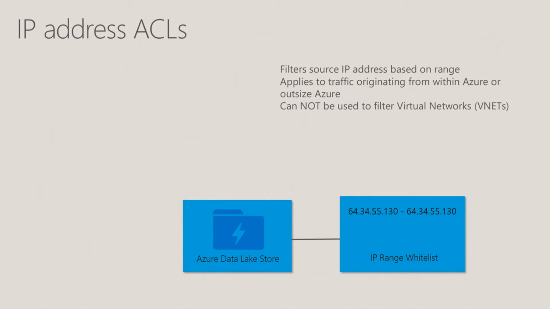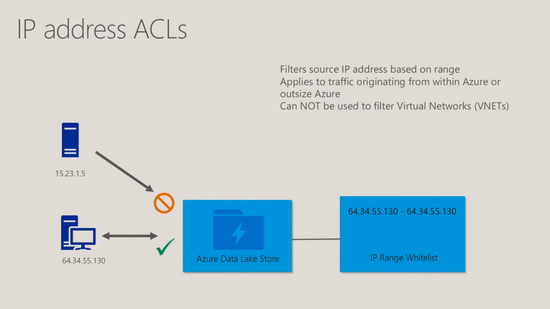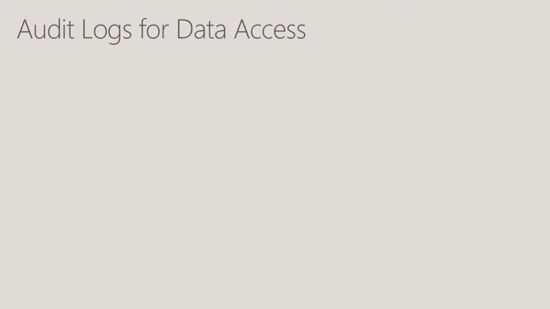A range of IP addresses has been provided, which will be allowed access to the store. In the first case, we see an IP address 64 dot, which has been allowed access, and because it passes the check, it is allowed to go through. But somebody accessing from some other IP address will be denied access. So again, this is a cloud store providing this feature.